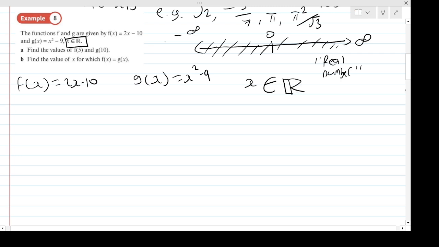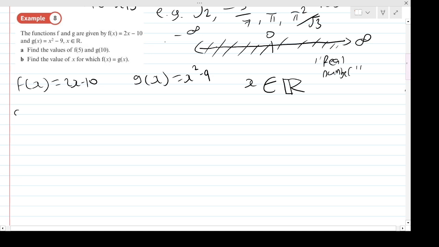So x is a part of the real numbers, so x has to be a real number. So essentially, x can be pretty much anything, as it's a real number. It's this little number line kind of thing here, between negative infinity and infinity. Okay, so that's what that symbol means.